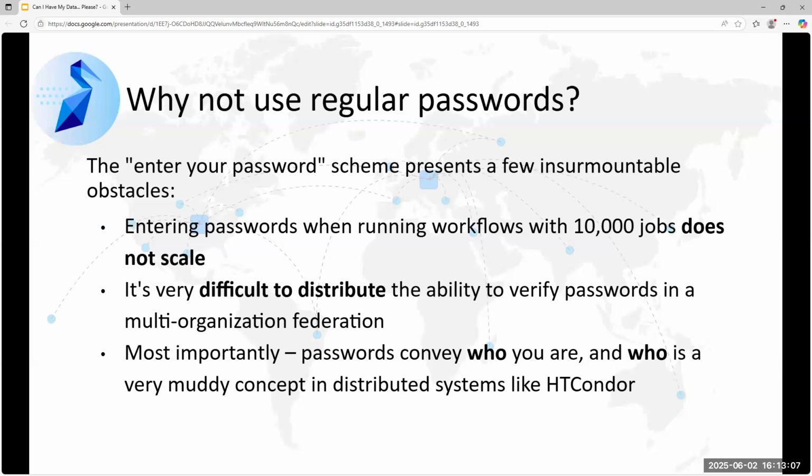Right. And I think that's one of the mistakes we make, is that we often treat passwords like they are who you are, but they are not. And so yes, getting back to your point, it's the distribution of passwords and password management that gets to be infeasible inside of these federations.